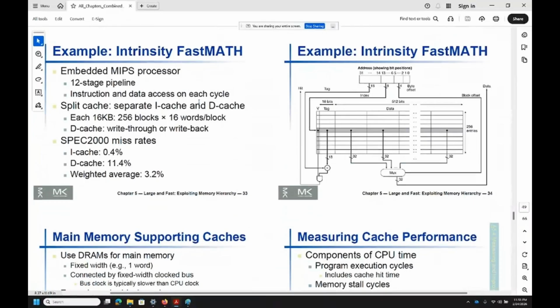Not a lot of processors have split caches these days, but some of them do. Basically, the miss rate for SPEC benchmarks, for example, is 0.4% for the instruction cache and 11.4% for the data cache, which is a very small number.